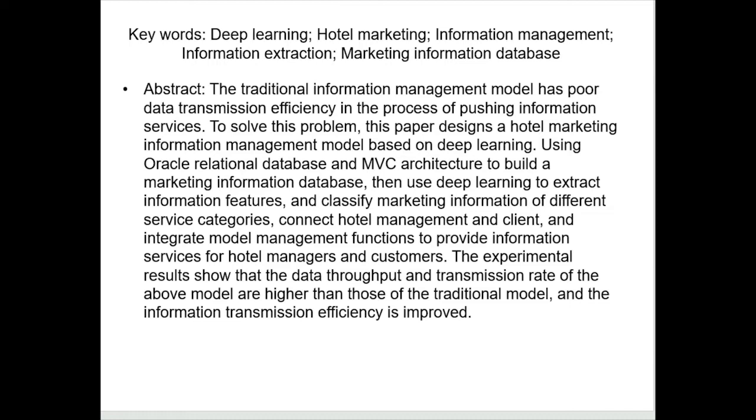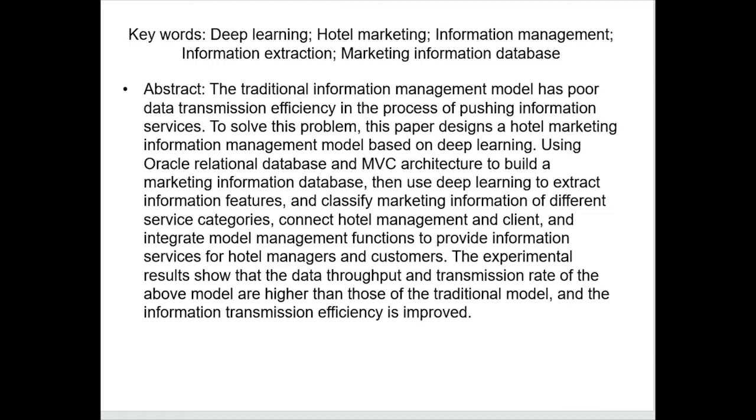To solve this problem, this paper designs a hotel marketing information management model based on deep learning, using Oracle Relational Database and MVC architecture to build a marketing information database. Then, use deep learning to extract information features and classify marketing information of different service categories.